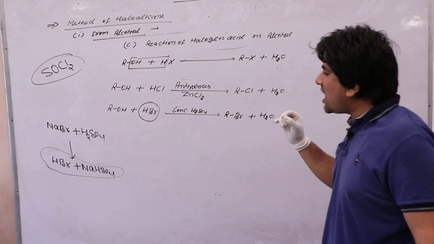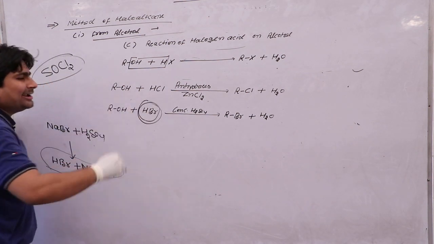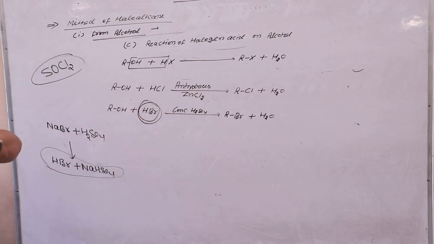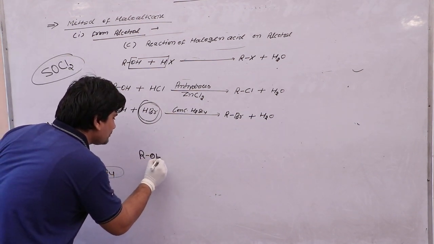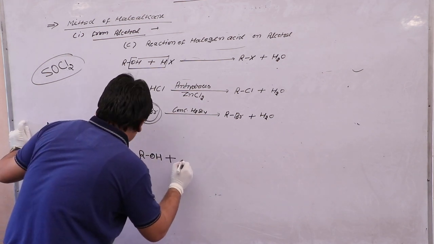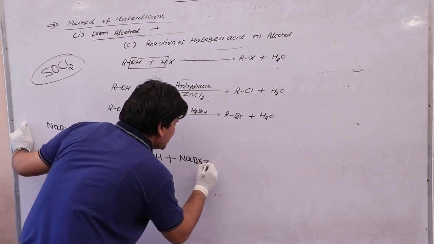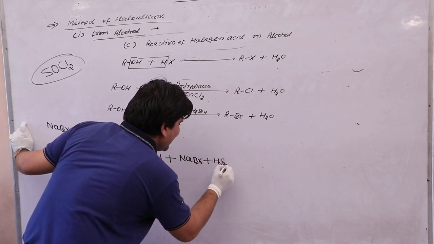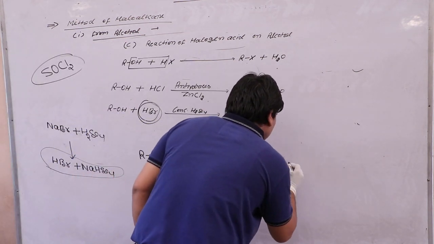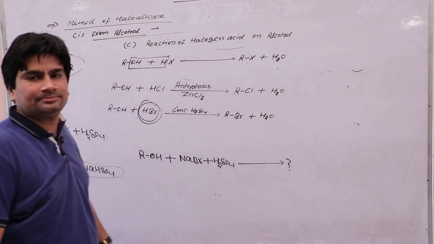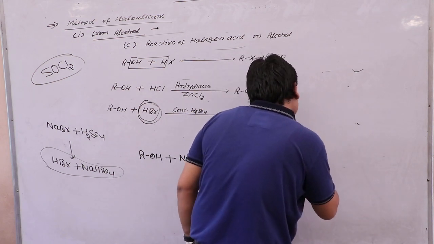In the RBSE board exam, the question does not use HBr directly. For example, ROH plus NaBr plus H2SO4 gives a question mark. This question is very important.